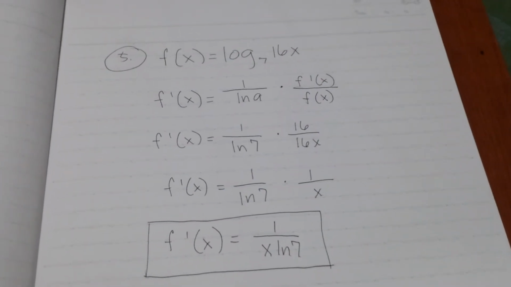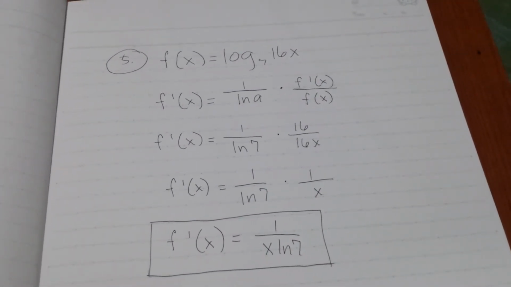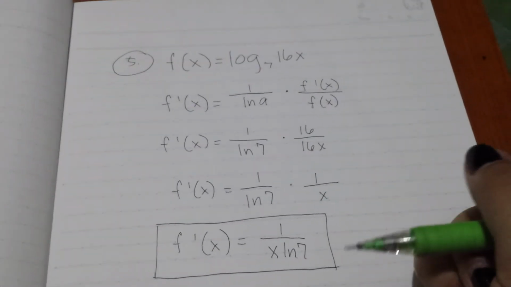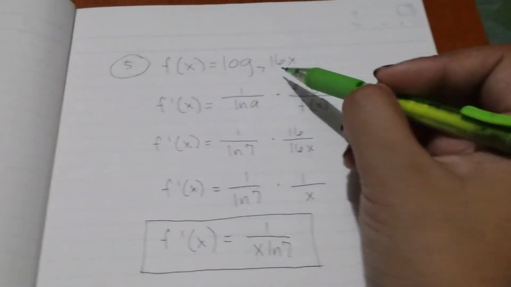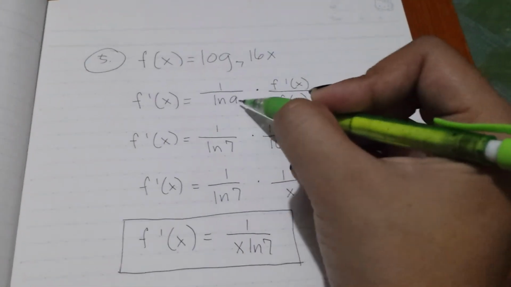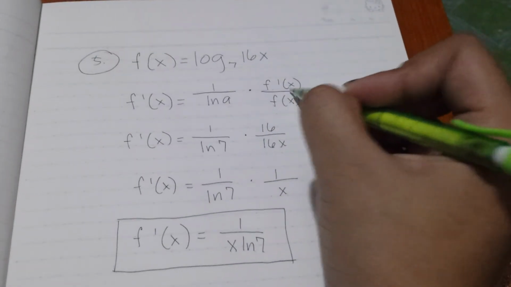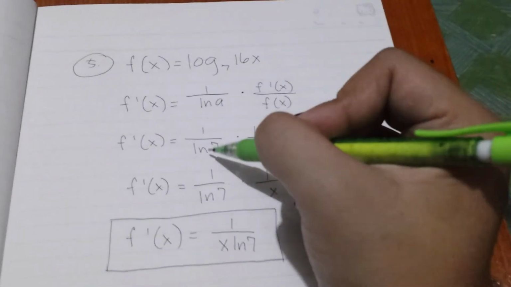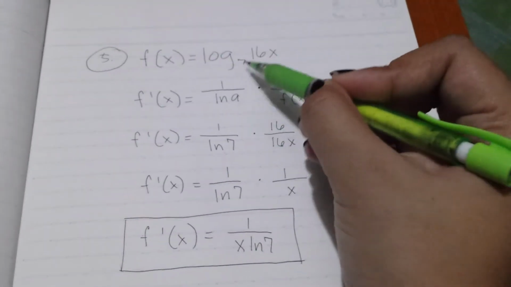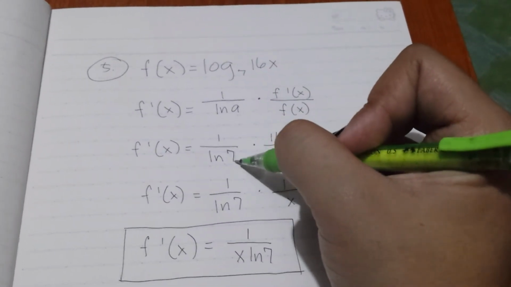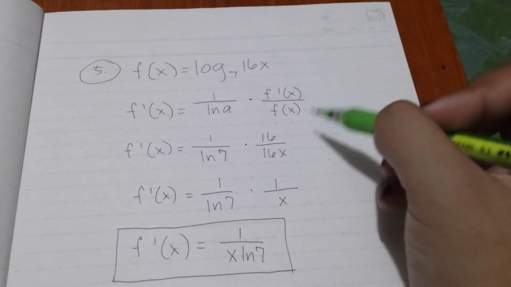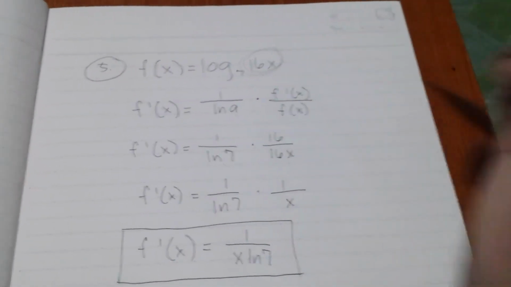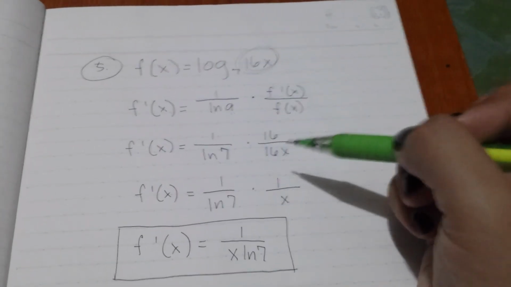Next is f of x equals 16 logarithm of 16x with the base 7. So in order to get the derivative of this function, we have 1 over ln a times f prime of x over f of x. So f prime of x is equal to 1 over ln a, where a is the base, which is 7, multiplied by 16, because 16 is the derivative of 16x, and then copy 16x, 16 over 16x.